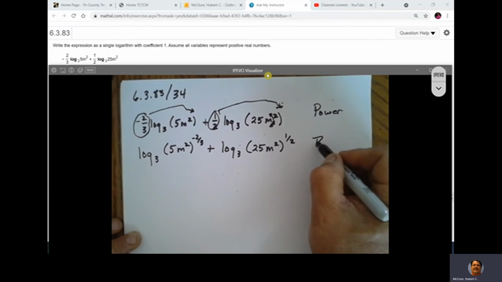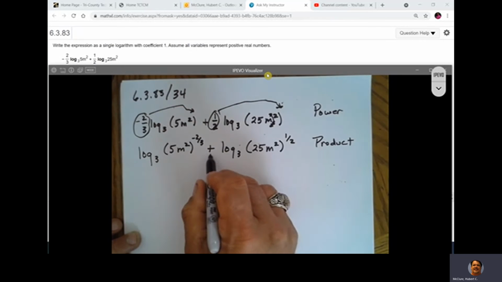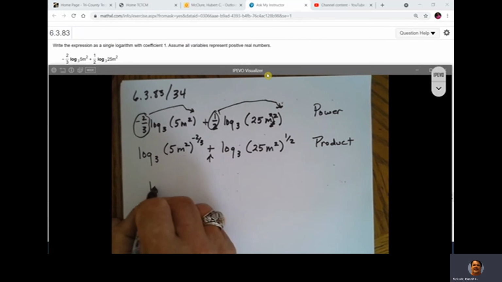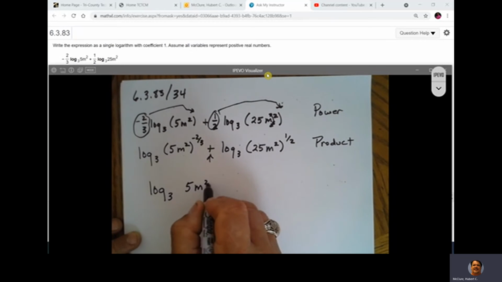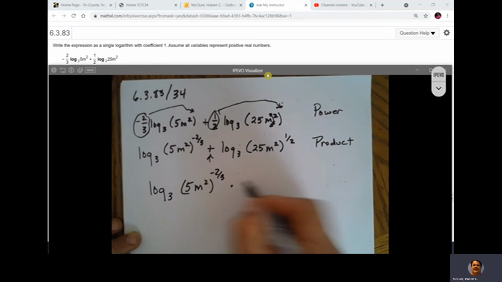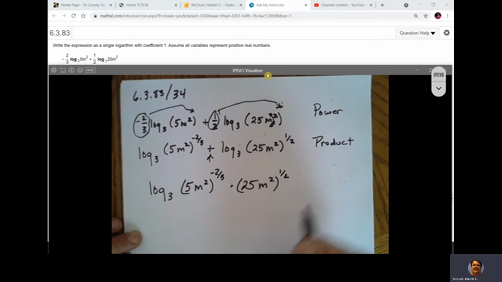Now we're going to use the product rule, and we're going to write this addition as a multiplication of two terms. So that's going to be log base 3 of 5m squared raised to the negative 2/3 times 25m squared raised to the 1/2.